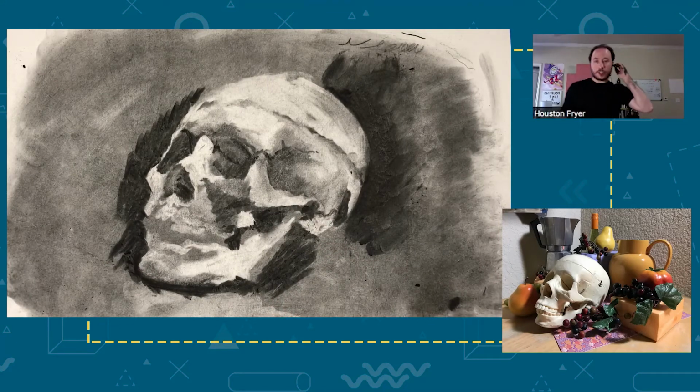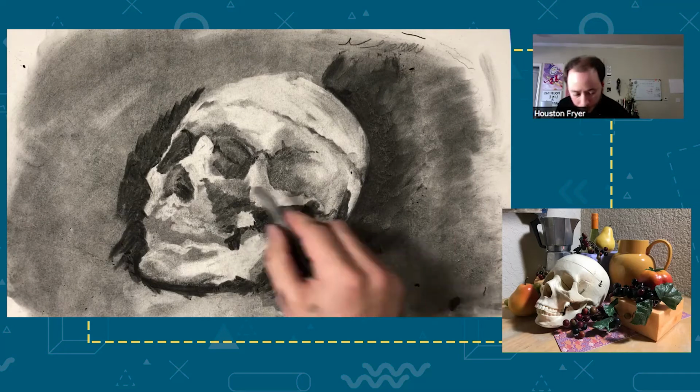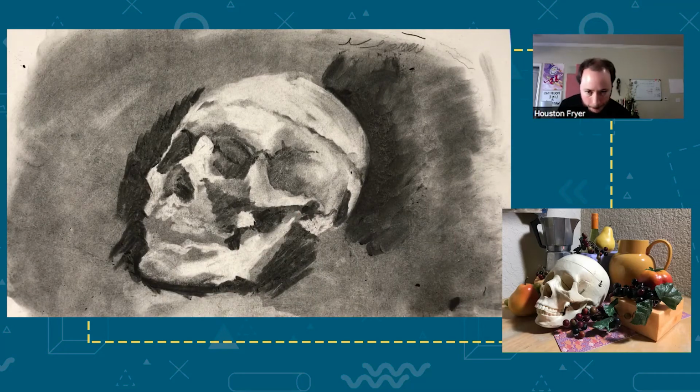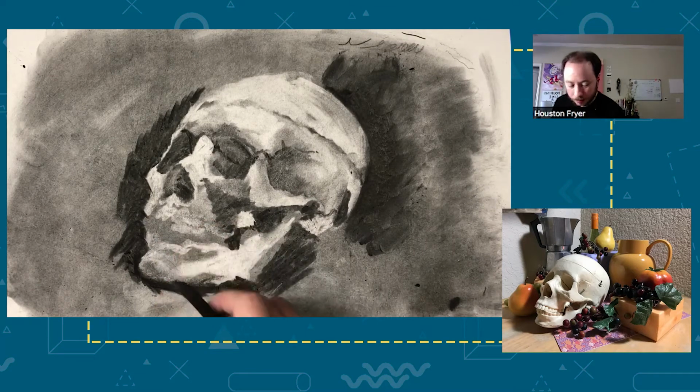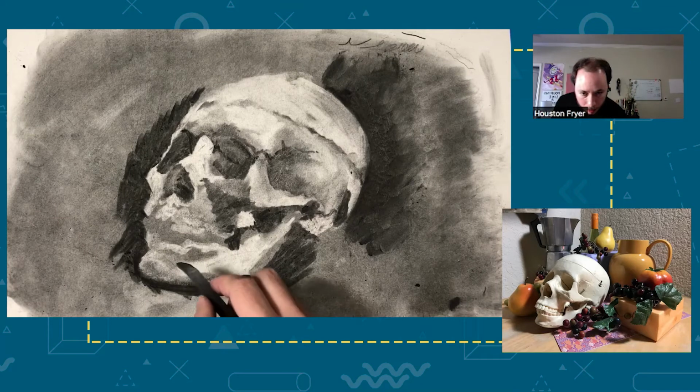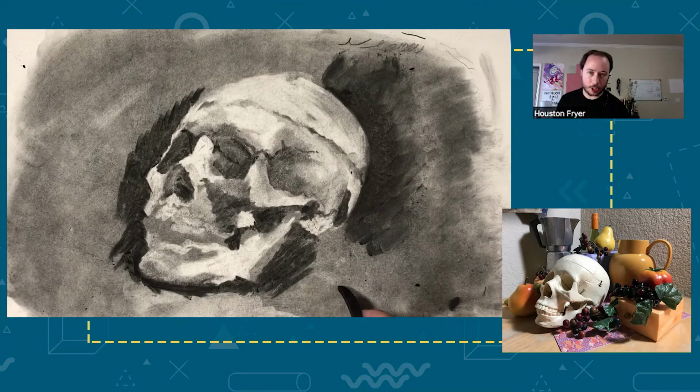There we go. So I'm starting to work on the skull. It's been about 40 minutes. I don't want to spend forever on this, but let me try to get these teeth in there, because the teeth are quite difficult. So what I notice is there's this dark shape. What you don't want to do is draw the teeth as just a shape that goes like this and then like this.